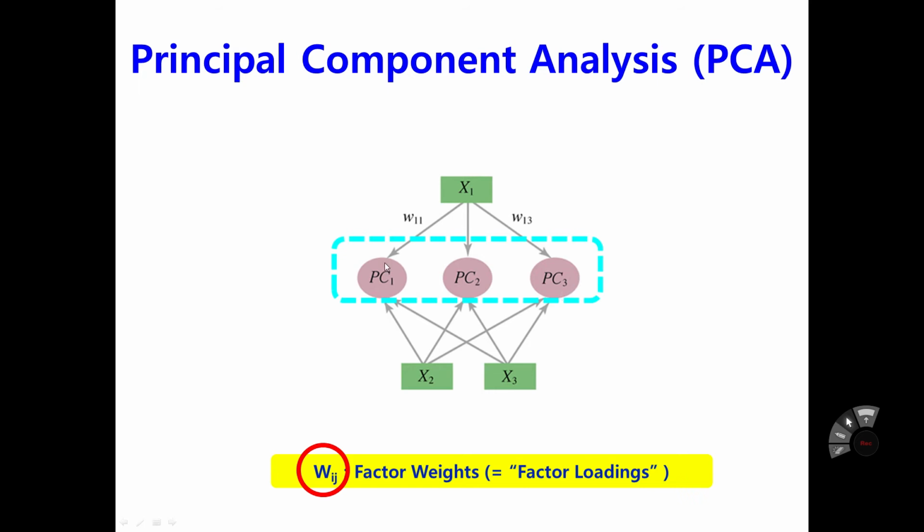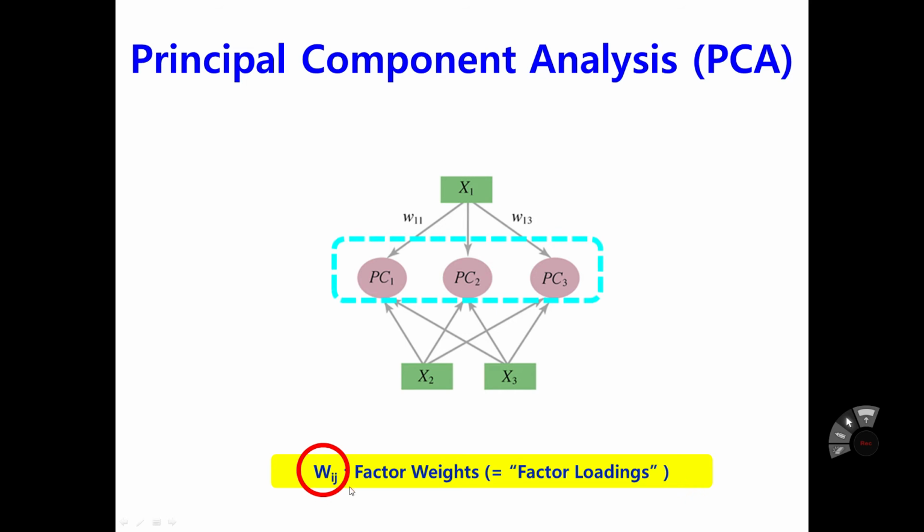Those latent variables are characterized as unobservable variables representing the joint variation belonging to the observed multiple indicators, in this example x1, x2, x3.